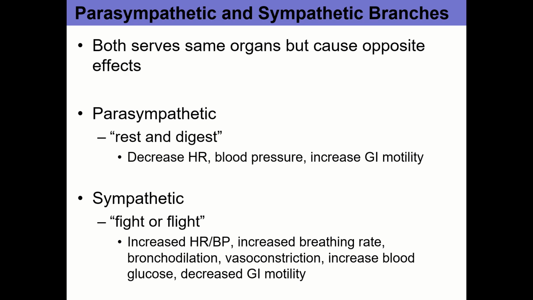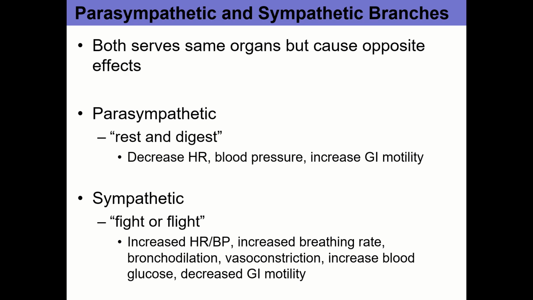And then the opposite effect then is that the parasympathetic branch causes bronchoconstriction, so it causes the smooth muscle around those tubes to contract and then decreases the diameter of those tubes, so decreases airflow into the lungs. So obviously during rest and digest, when you're just sitting around, you don't need a lot of airflow into the lungs, and so to minimize our energy usage, we'll then decrease the airflow into the lungs. So again, they overlap with each other but cause opposite effects.